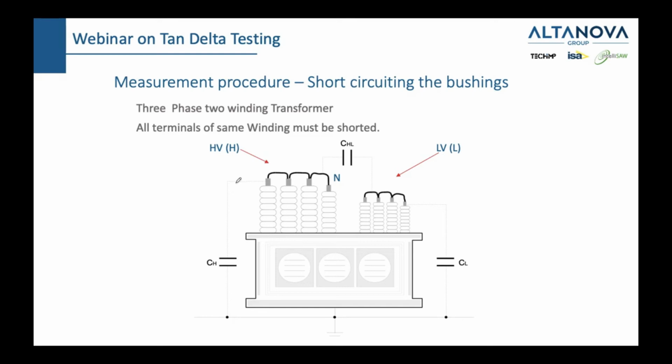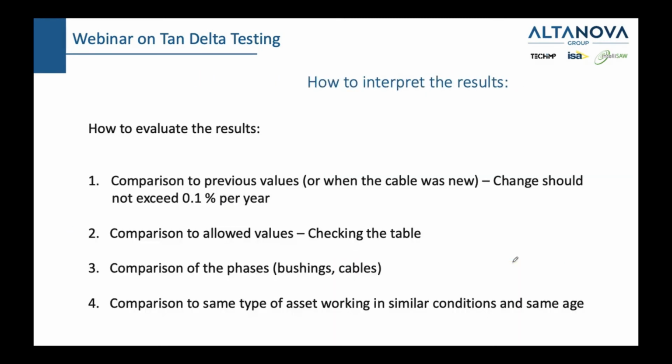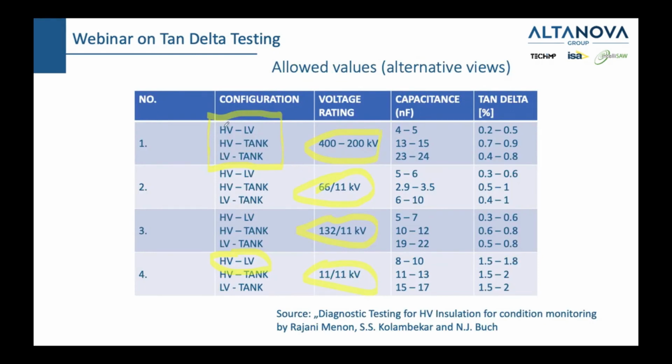You have the capacitance between the high voltage and the low voltage, between the high voltage and ground, and between the low voltage and ground. The standardized names are CHL, CH, and CL. You can see that's how this table was made. This is CHL, this is CH, and this is CL.